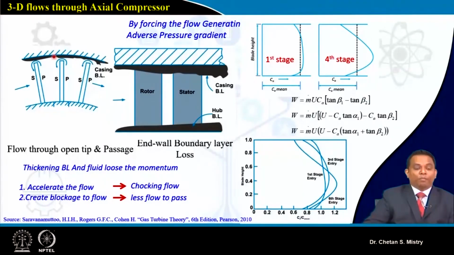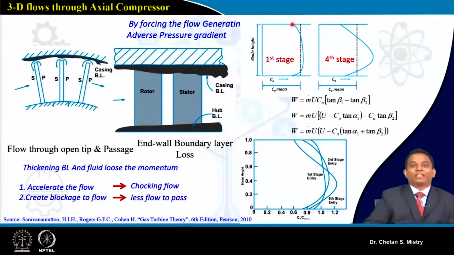Because of this growth of boundary layer between casing and hub, and because of my tip leakage flow, if you look here, this represents my blade height versus what is happening with my axial velocity. When we do our design for an axial flow compressor, we assume our axial velocity to be constant.